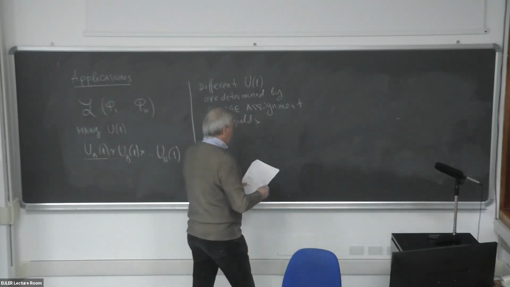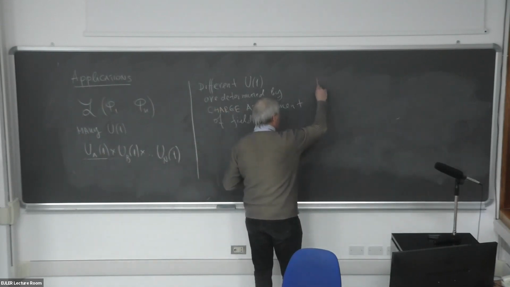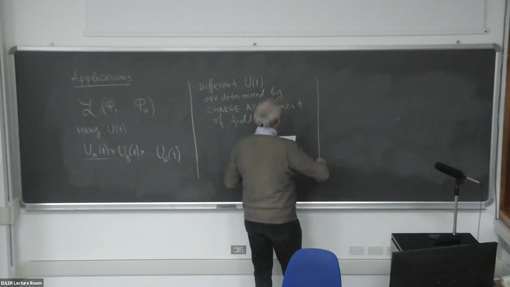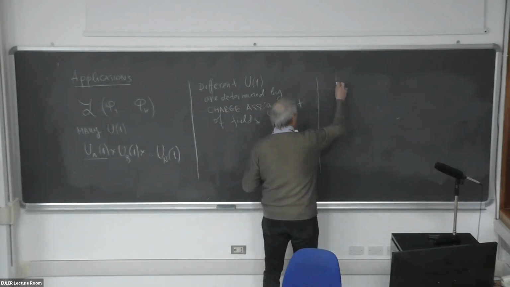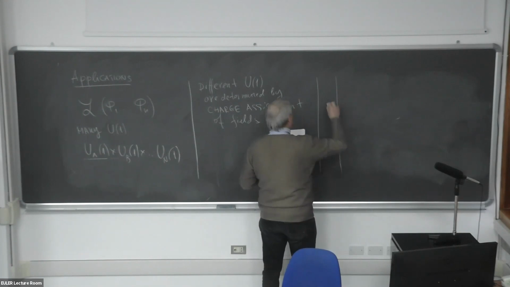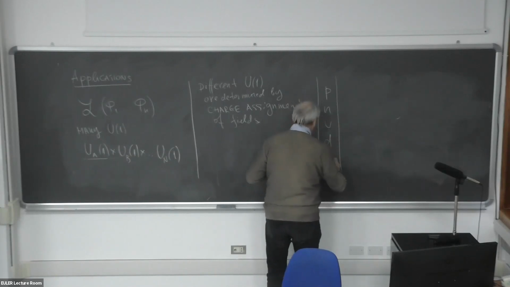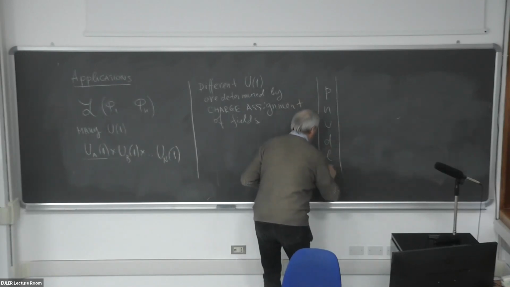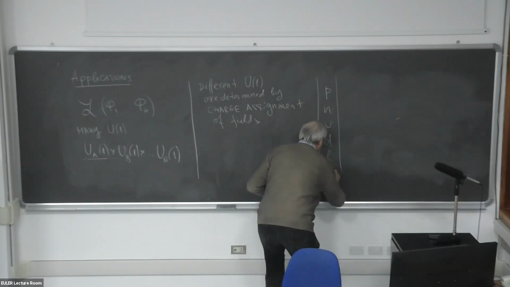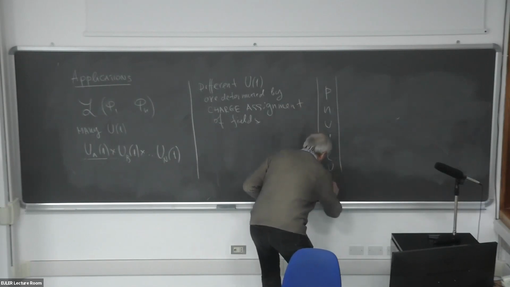Let me give you examples of different prescriptions. I will take the following fields. I take proton, neutron, U quark, D quark, lepton, neutrino, and for instance, W boson, W plus.